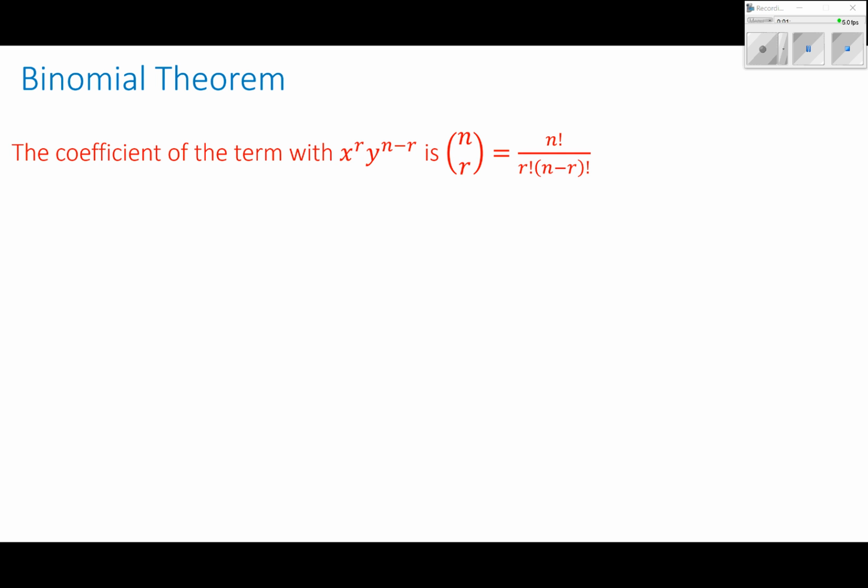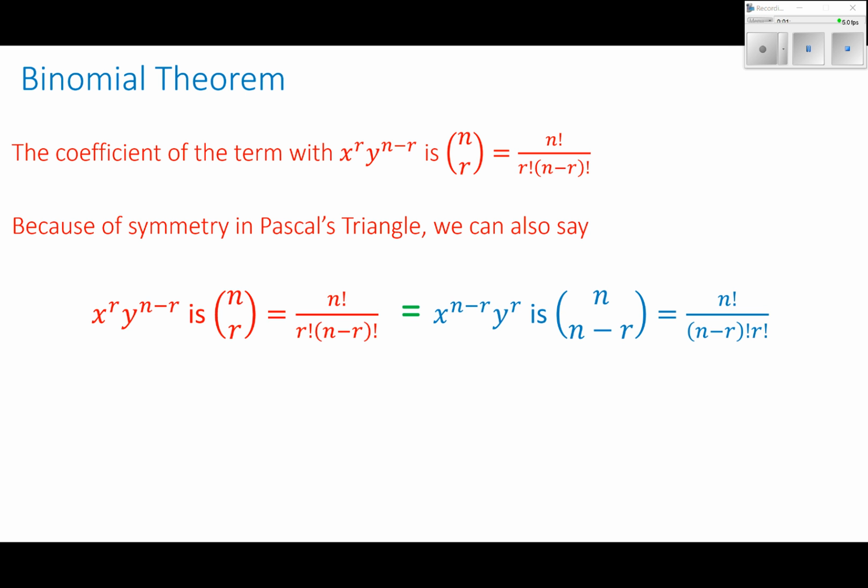So the actual binomial theorem: the coefficient of the term x raised to the r, y raised to the n minus r, or we can write it as n choose r, is n factorial over r factorial times n minus r factorial. Now, because of symmetry, we could also write it this way, all right?